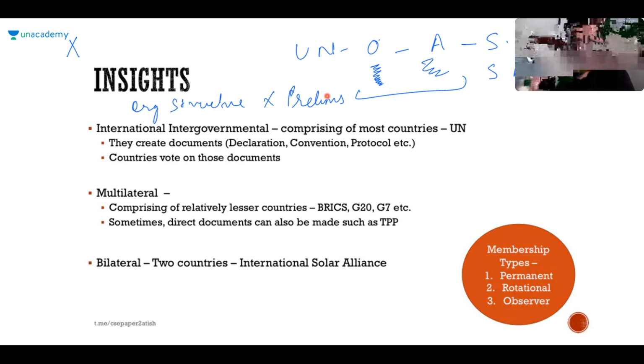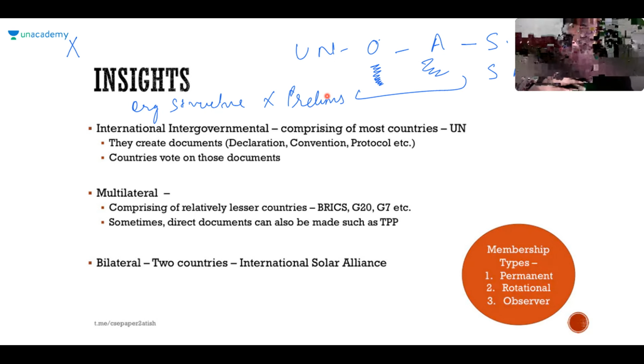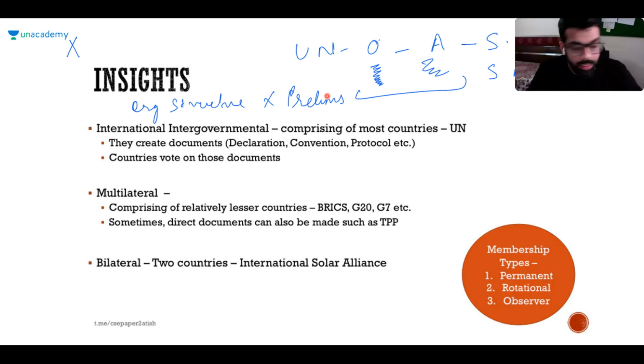So what basically it means is the UN is an international intergovernmental organization. It comprises most of the countries. There are largely a number of organs within the UN. For example, the General Assembly, the Security Council, the Economic and Social Council, the UN Secretariat, the International Court of Justice, and we used to have something called the Trusteeship Council.